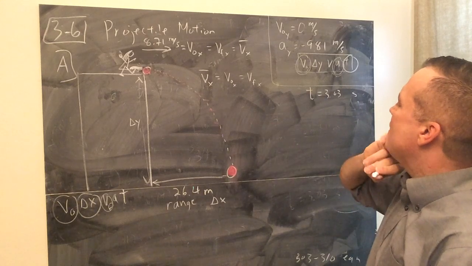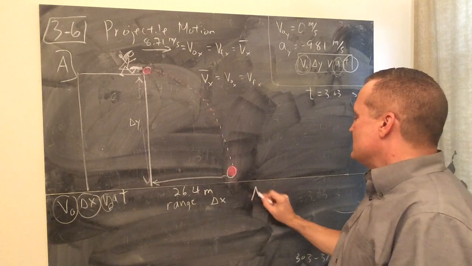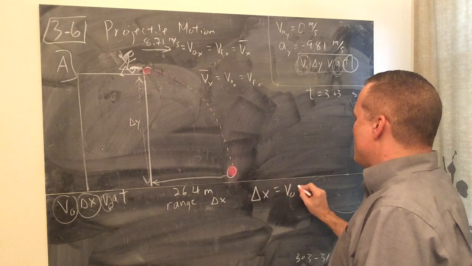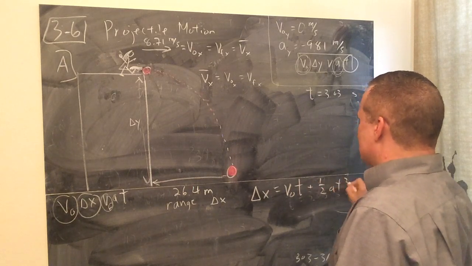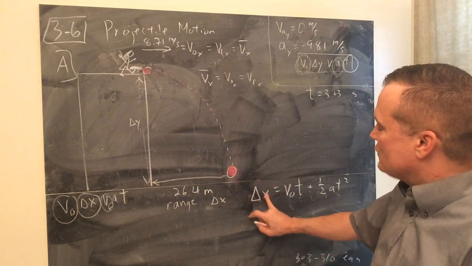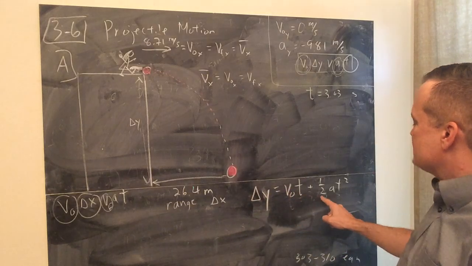You can use this equation. Remember this one that says delta x equals V0 t plus 1/2 a t squared. All right, you could use this to change it to delta y. Delta y will be V0 t plus 1/2 a t squared.